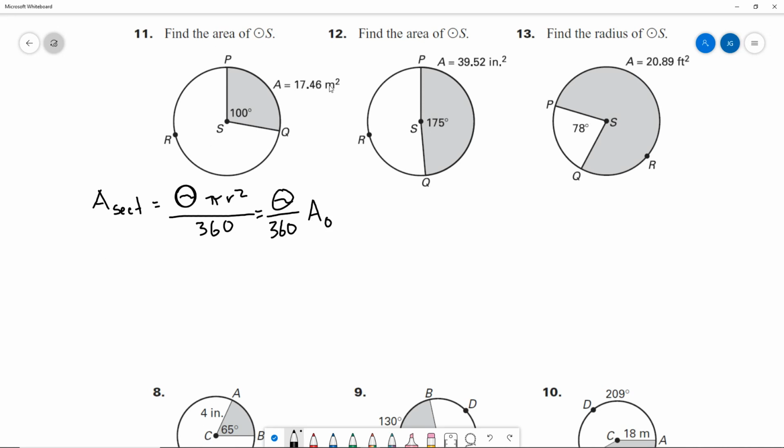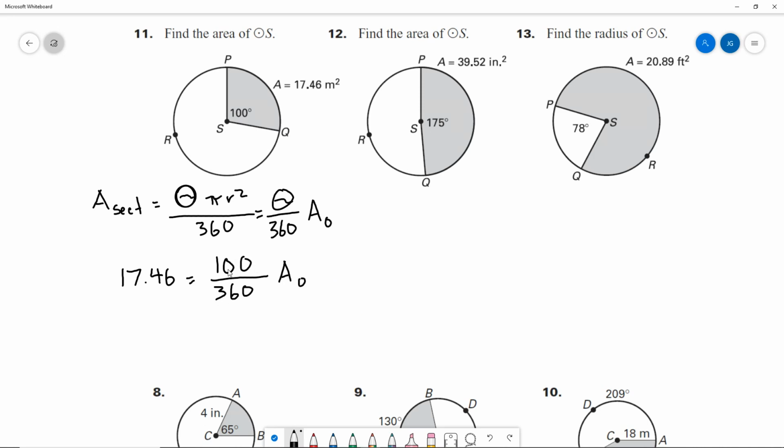We're going to say that the area of the sector, in this case we know that to be 17.46, is going to be equal to theta. We're told the theta is 100, and 360 is our number that we always use, and then area of the circle.